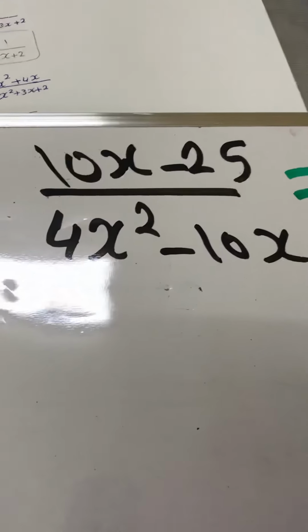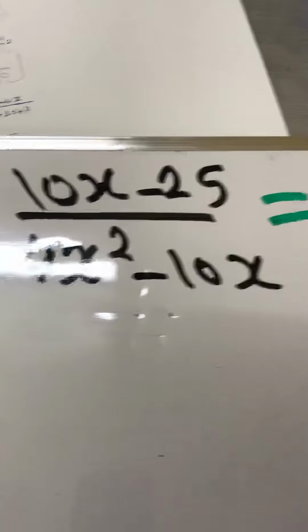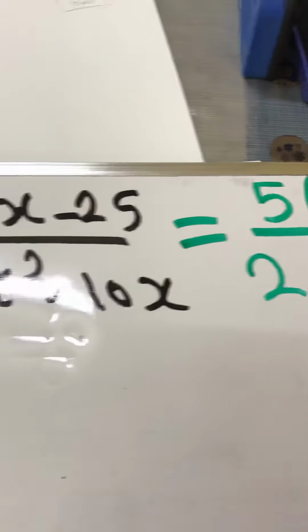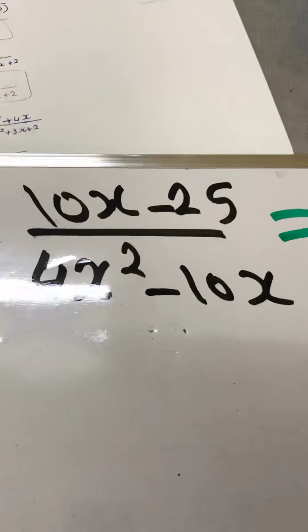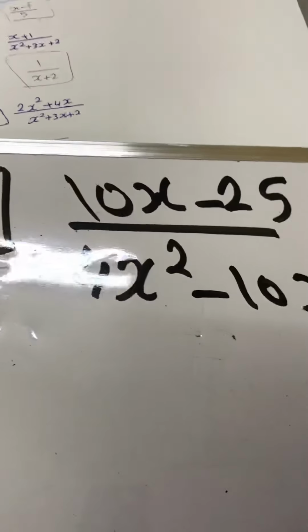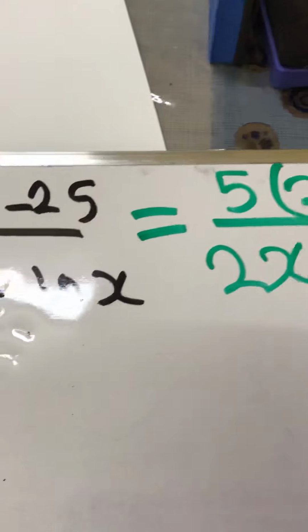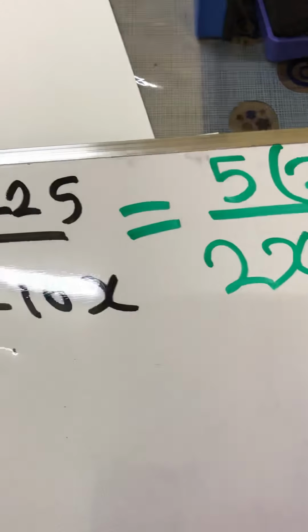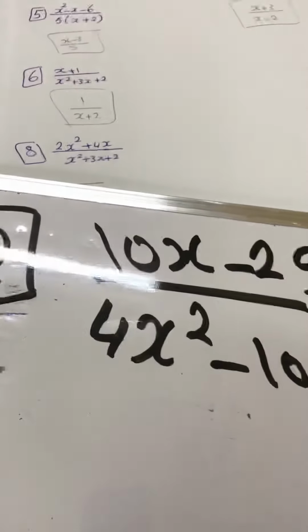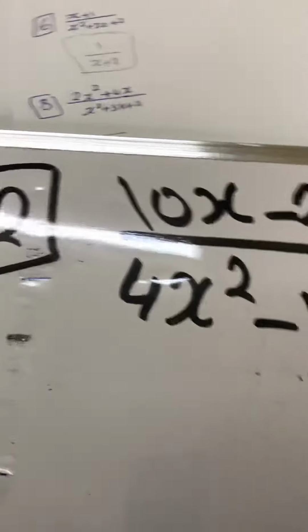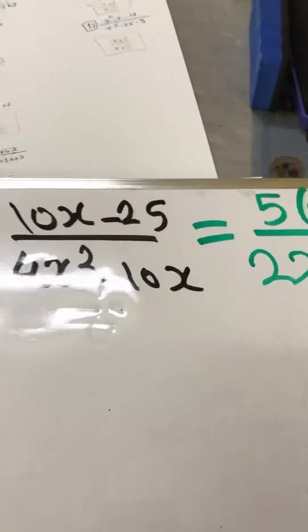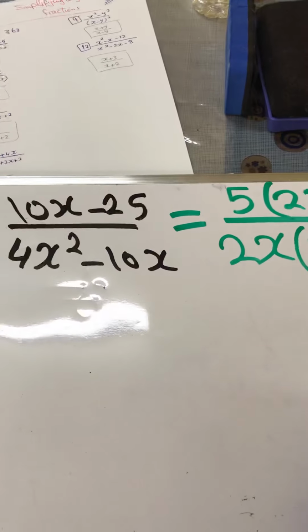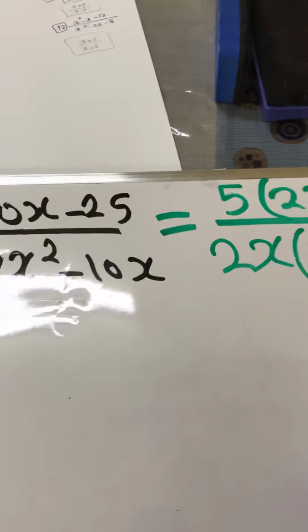And look down, the denominator. I'll take a common factor from the numbers, which is 2. The common factor between 4 and 10 is 2. And from the variable I have x squared and x, I'll take the least power, x. Then open brackets. 4x squared divided by 2x equals 2x, because 4 divided by 2 equals 2 and x squared divided by x equals x.